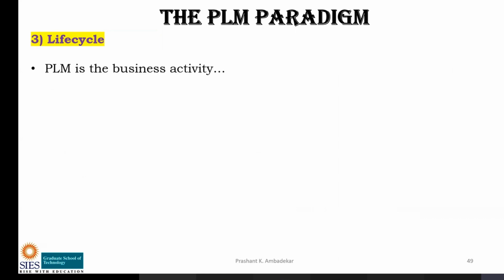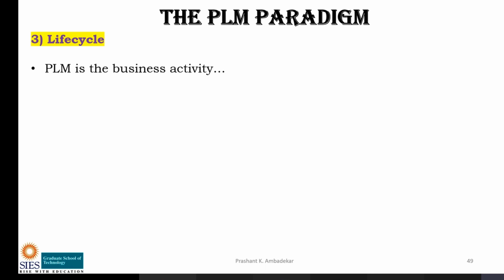So again, PLM is a business activity. Okay, so I can again say the definition of PLM, that it is a business activity. How the product can be managed in the most effective way, from the first idea to the final idea, till the product is in the market, till it is disposed of.